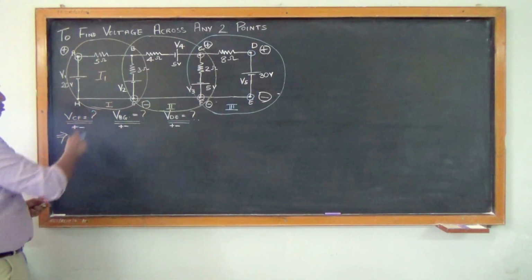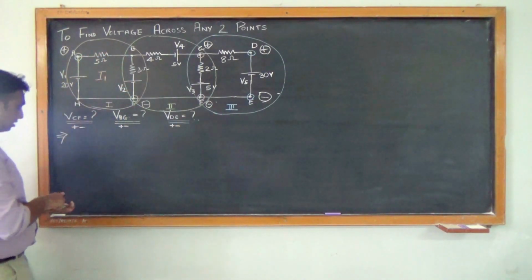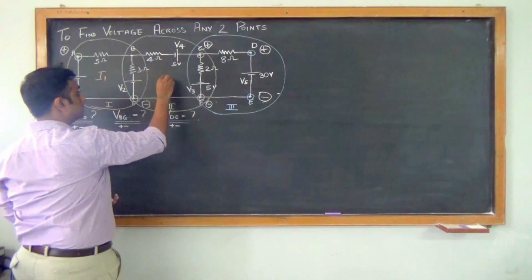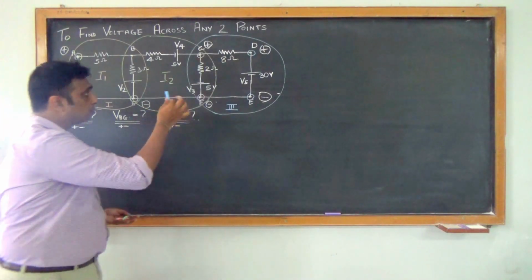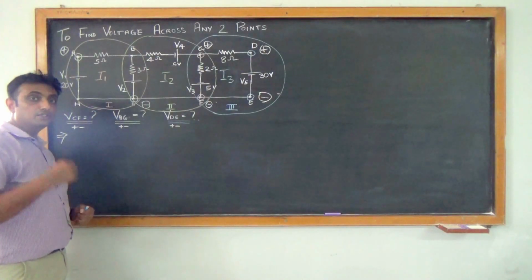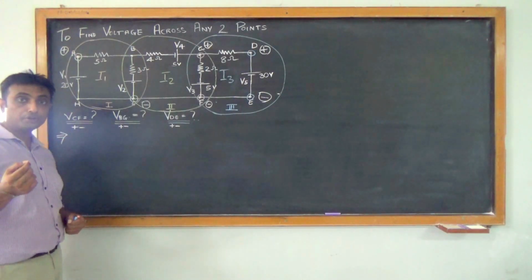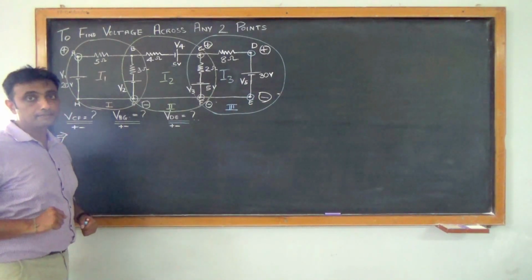So if this is loop 1, the current flowing in this loop will be I1. If this is loop 2, the current flowing in this loop is I2. And if this is loop 3, the current flowing in this loop is I3. So if we are going to use the shortcut technique that I taught you earlier in Maxwell's loop current method, there are 3 things we have to do.